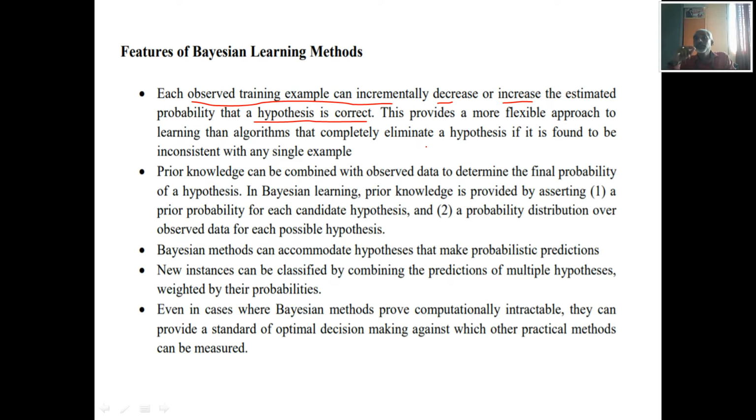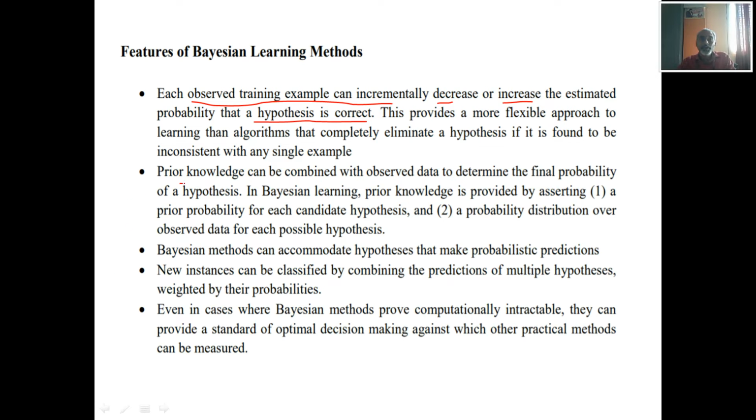If one example is not able to satisfy it, then we say okay, this hypothesis is rejected because for one example it is inconsistent, but it might be consistent with many other examples. So that is the reason why we say that the Bayesian learning method provides a more flexible approach for us, because we try to consider every training example, and each either increases or decreases the estimated probability of our hypothesis. So this is one feature.